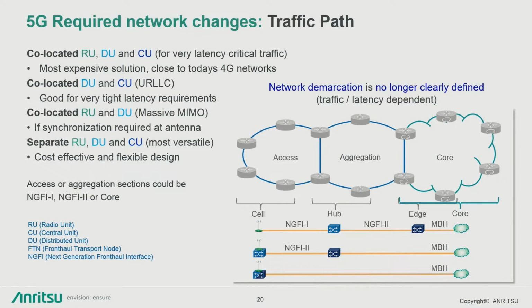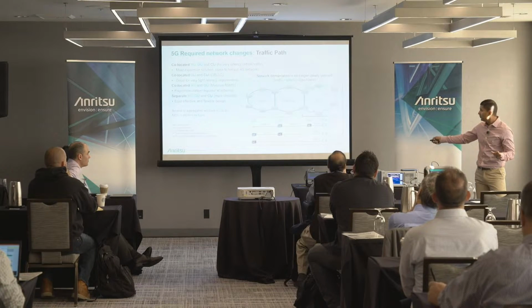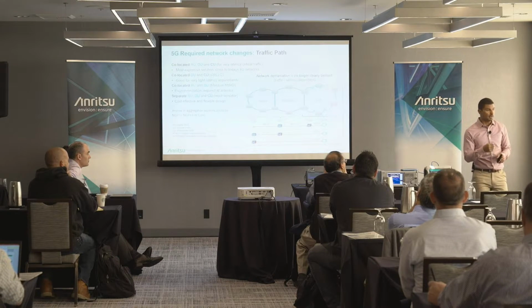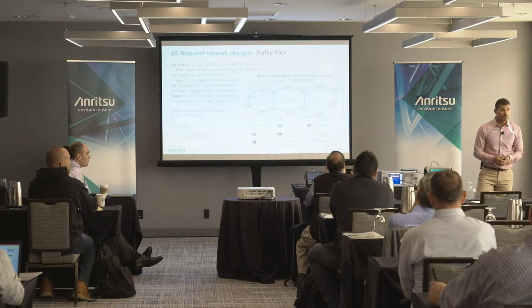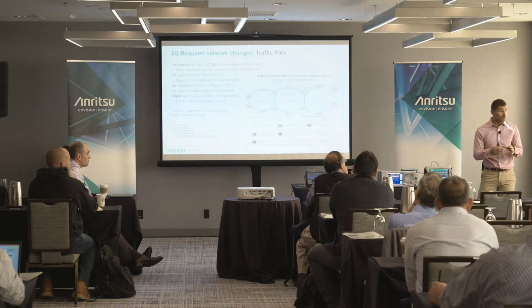That functionality, that aggregation, if you did in this site, could be done at the access point, or it could be done here at the edge point, depending on where I put that distributed and centralized unit function. So it's not pertaining specifically to user traffic necessarily. It's more of network design. Where do I want that traffic to go?